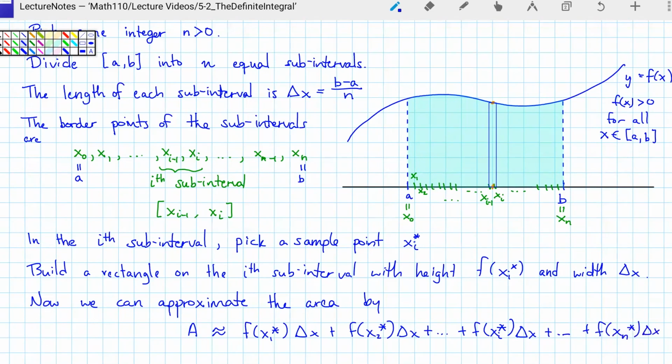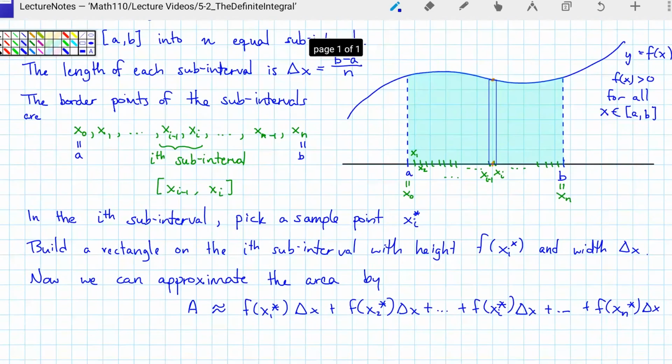Okay, each of those is height times width of a skinny little rectangle. And we write that now in shorthand with summation notation, the sum of terms that look like f of xi star times delta x, where i runs from 1 to n.